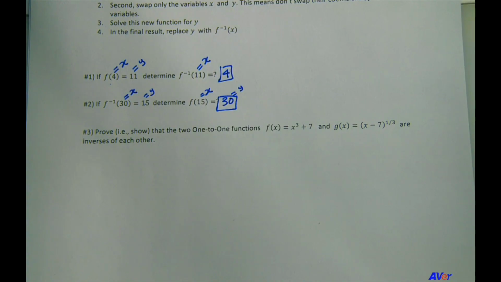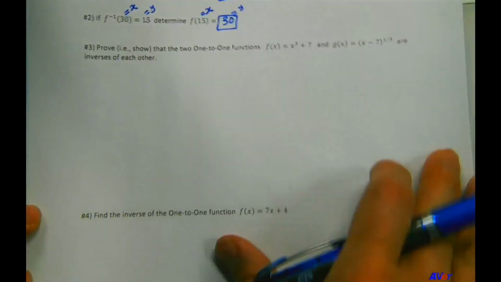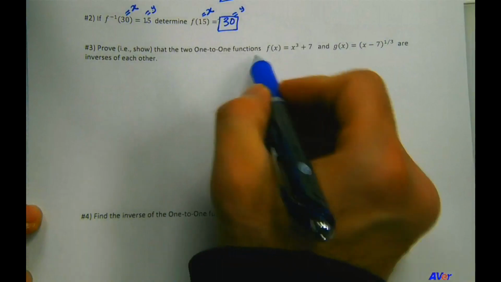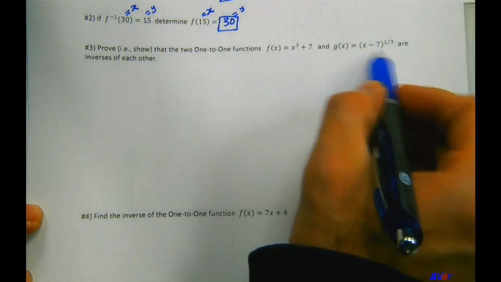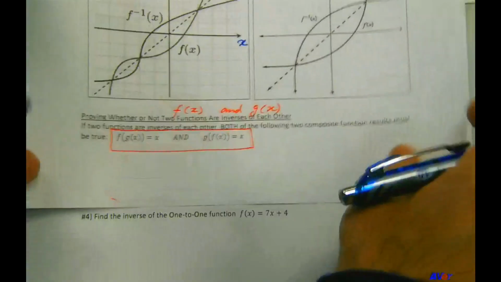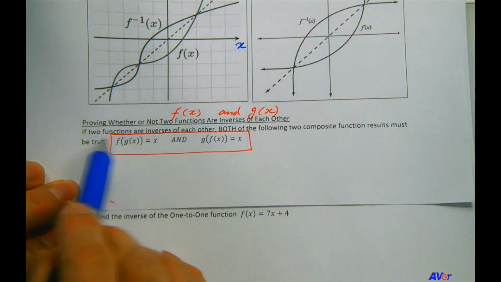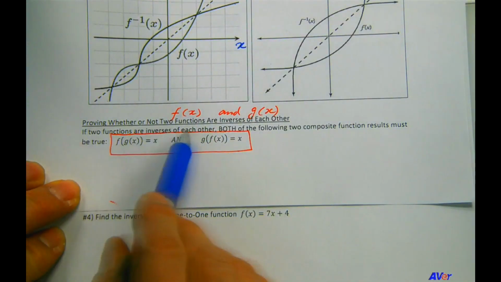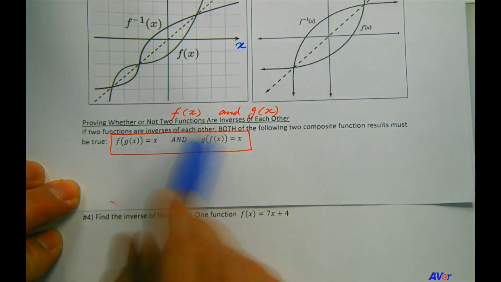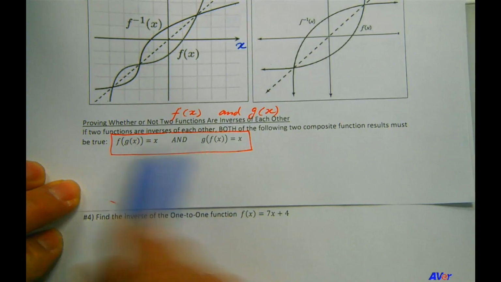Okay, so number 3 is asking, prove that the two one-to-one functions, f and g, are inverses of each other. That goes back to what I had right here. We said that to prove whether two functions are inverses of each other or not, we have to calculate the composition function in both directions.